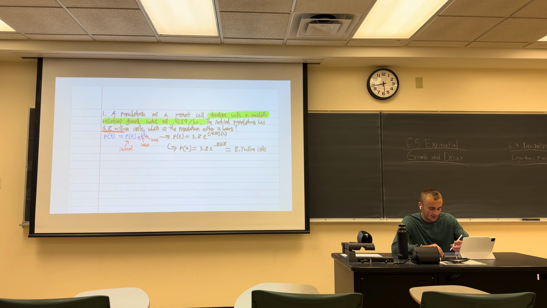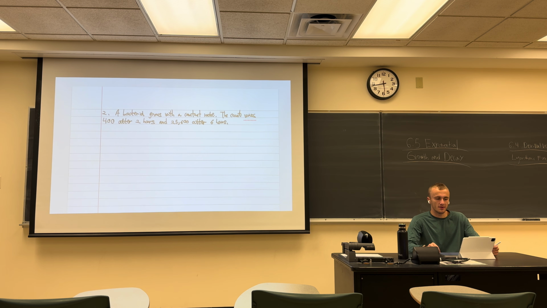So if you have a calculator, this would be the final answer to get to. However, if you wrote something like this here or this here, either of these would be acceptable also. And that's just a simple example of relative growth rate.